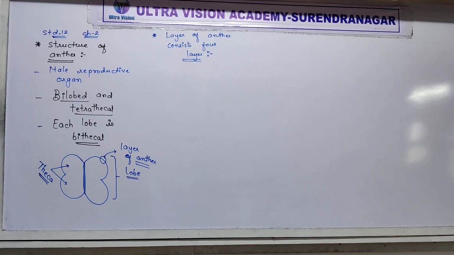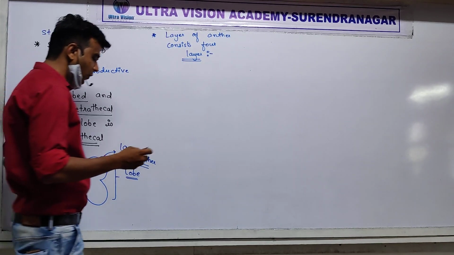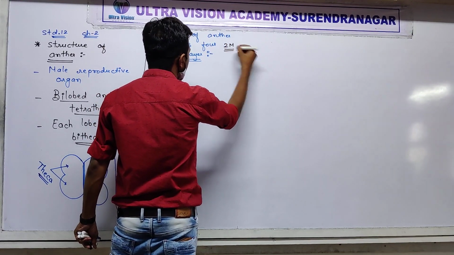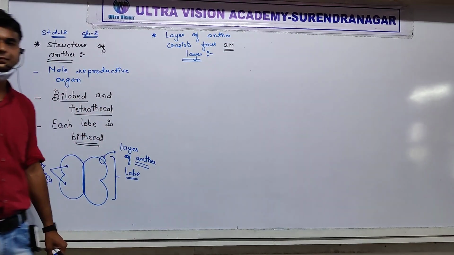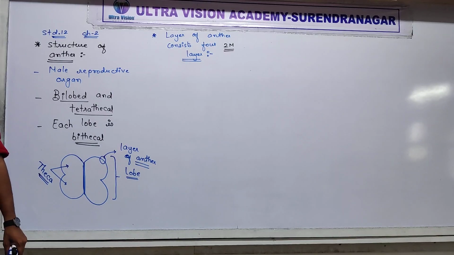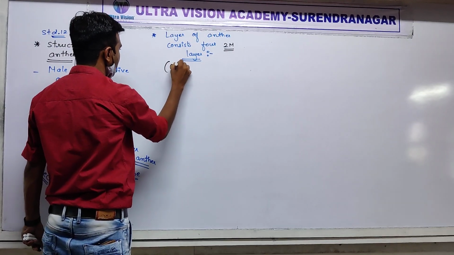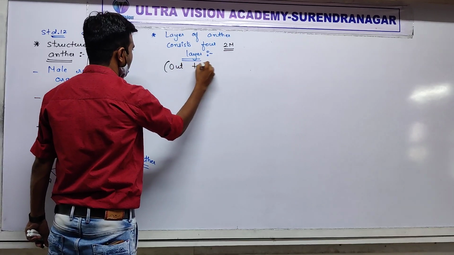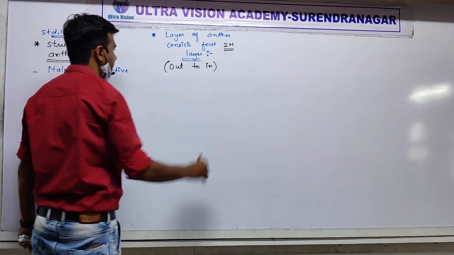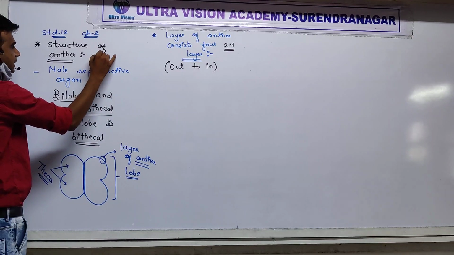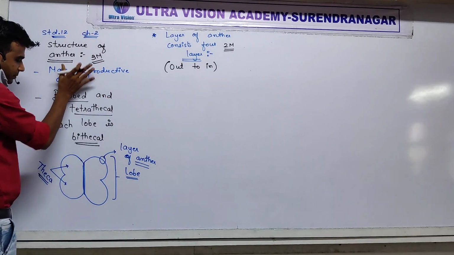Two-mark question: explain the parts of the layers of the anther, but here you consider them from out to in. The word structure of the anther will be asked in the three-mark question. So one mark for this.